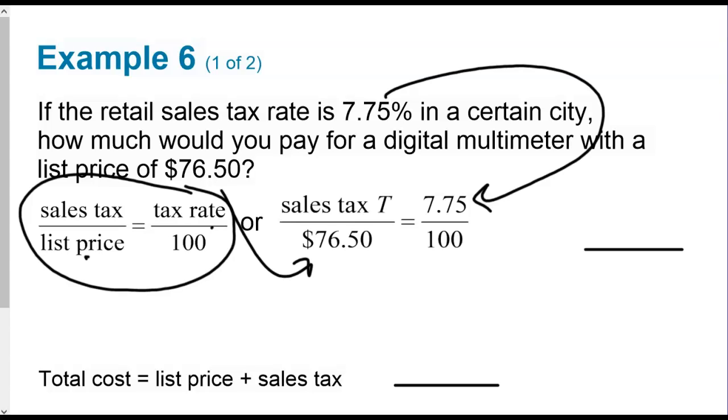The question is asking what is the retail sales tax, so we don't know that, but we do know it's 7.75 pennies over 100 pennies. And with this, we can just cross multiply and divide. So we will go 76.50 times 7.75.